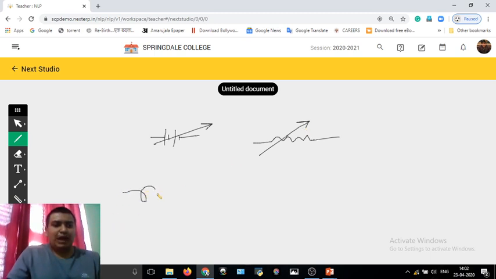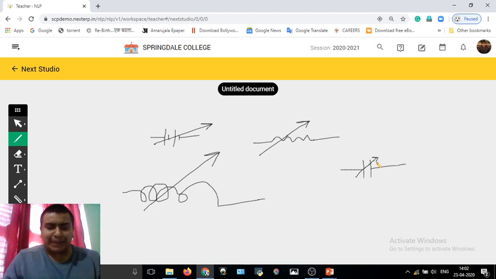If we have a coil with a line over it, it is a variable inductor. If we have a capacitor with a line over it, it is a variable capacitor. So this arrow on any device makes it variable. Okay, so this is the whole meaning of symbols.